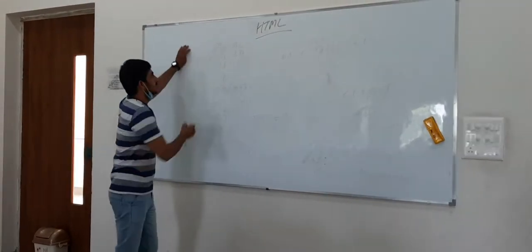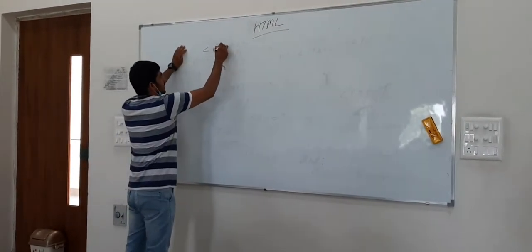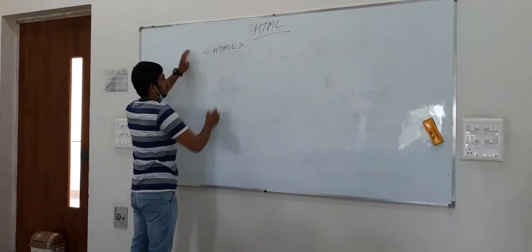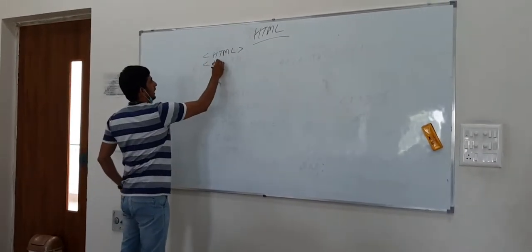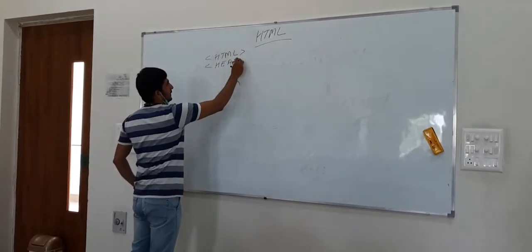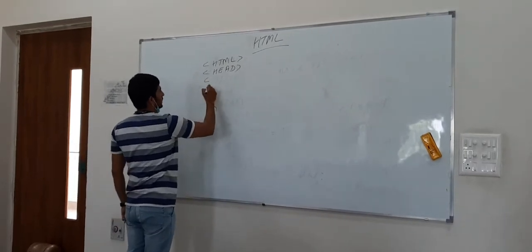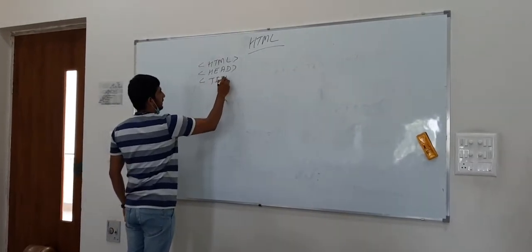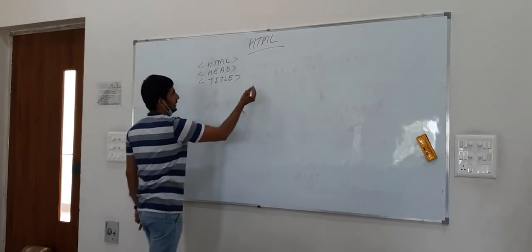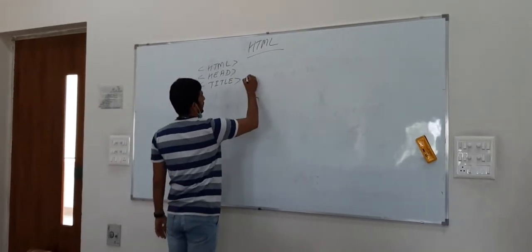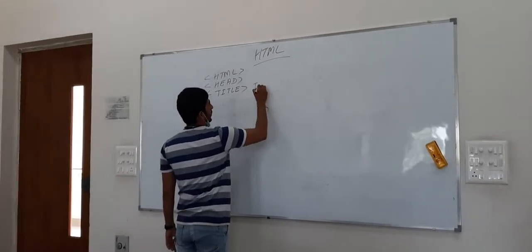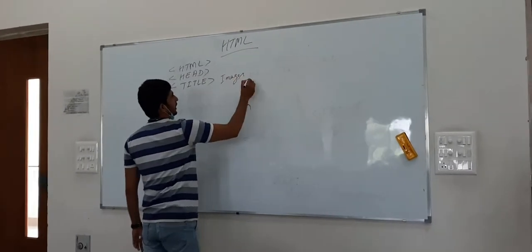So the first is HTML. I think you all know that. Head, these are the common ones. Now title, and here you can type your title: Images.